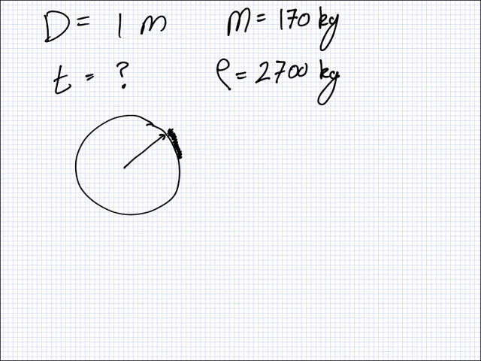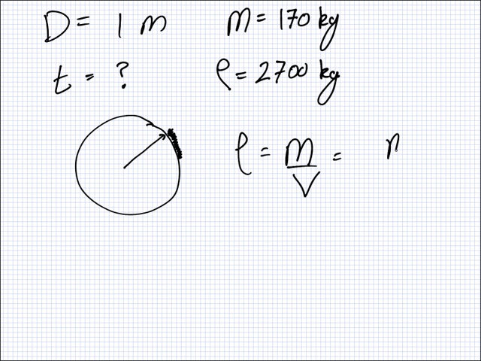How about this time we imagine it as being 2 spheres? A big sphere and a small sphere. Shall we do that? Okay, so again, let's use mass. Density is mass over volume.